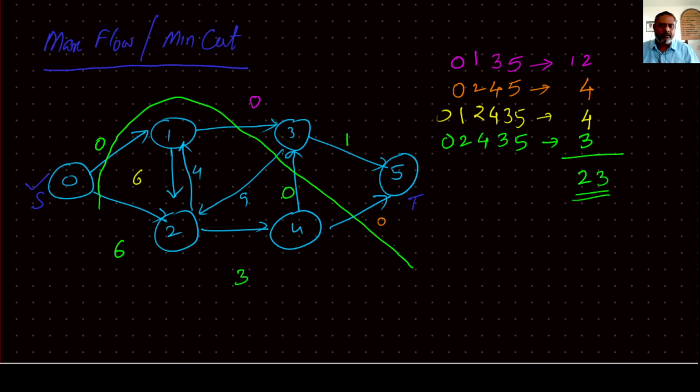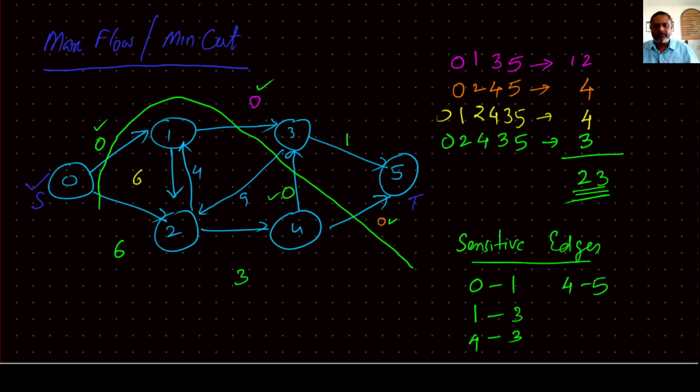So this is our min cut, and that's going to provide a total of 23, and we say that our sensitive edges are 0 to 1, that is for this 0, 1 to 3 for this 0, and 4 to 3 for this 0, and 4 to 5 for this 0.